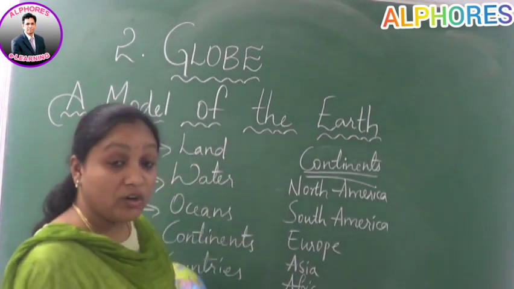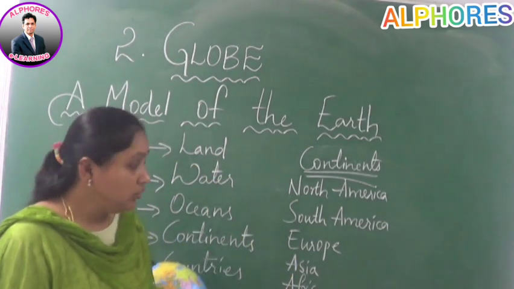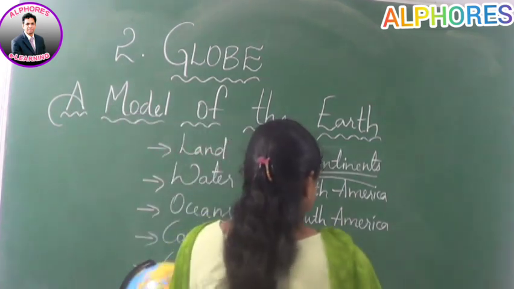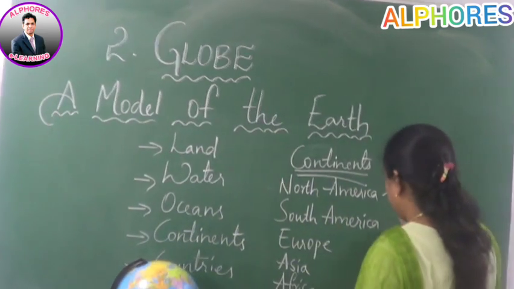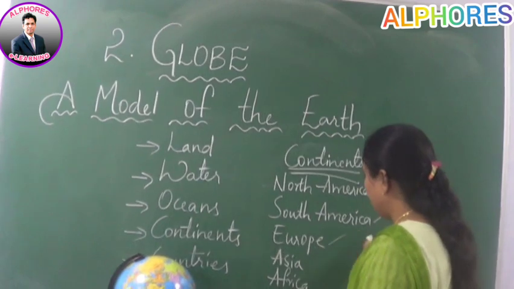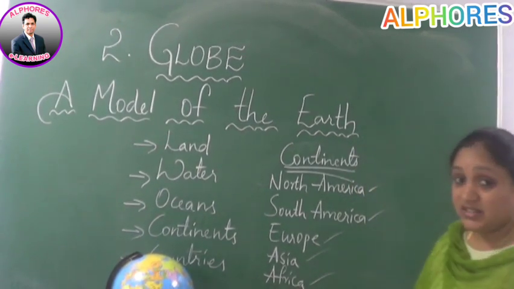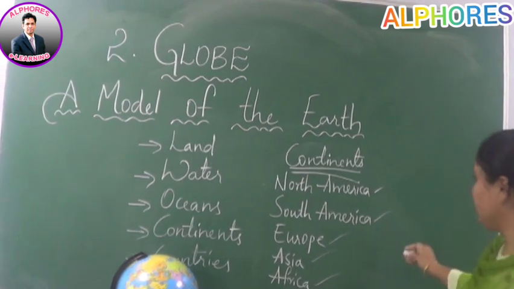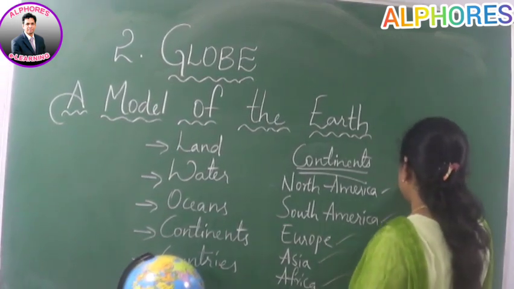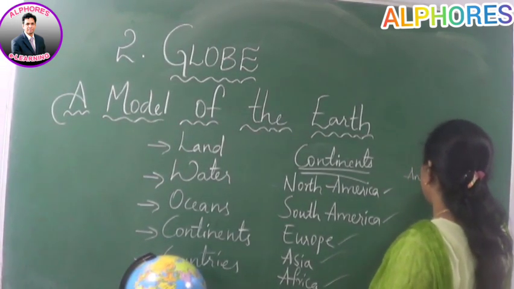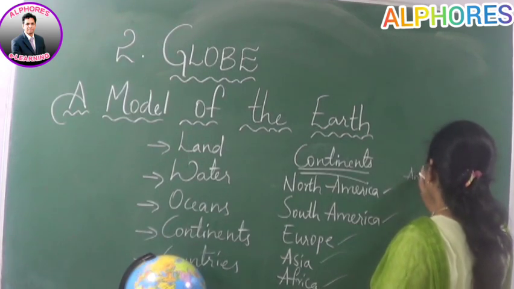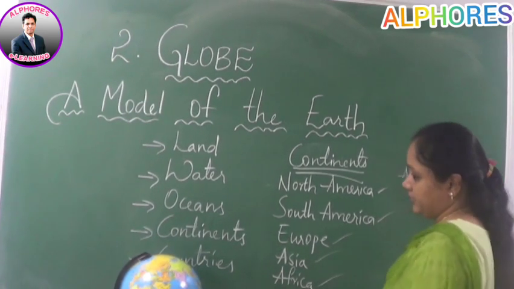Okay, so we have the 7 continents, that is North America, South America, Europe, Asia, Africa, Australia, and the last, that is Antarctica, which is a frozen area. Okay, so we cannot live in this, children.